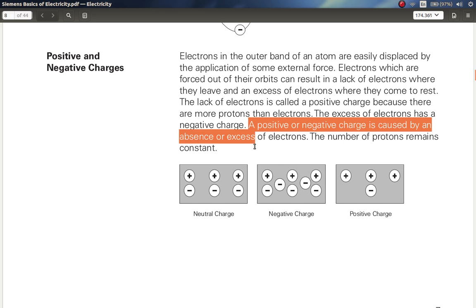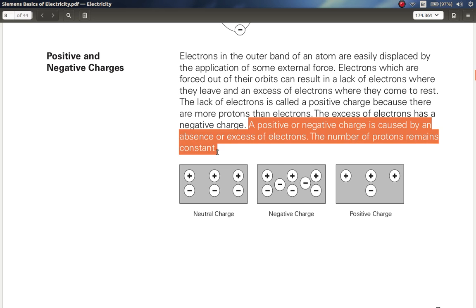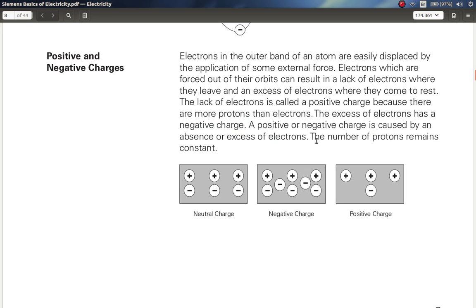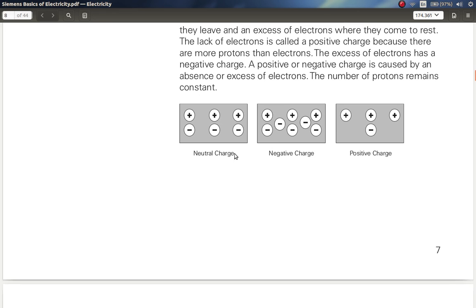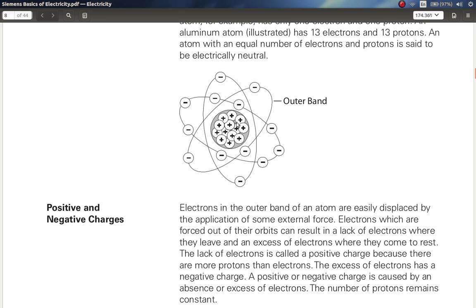A positive or negative charge is caused by an absence or excess of electrons. The number of protons remains constant. So remember now, the protons and neutrons are tightly packed together. It's not easy to move a proton out of the nucleus.